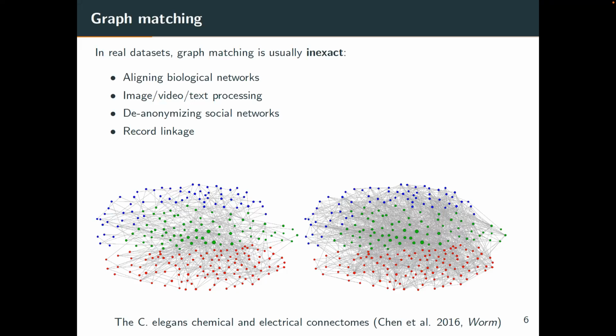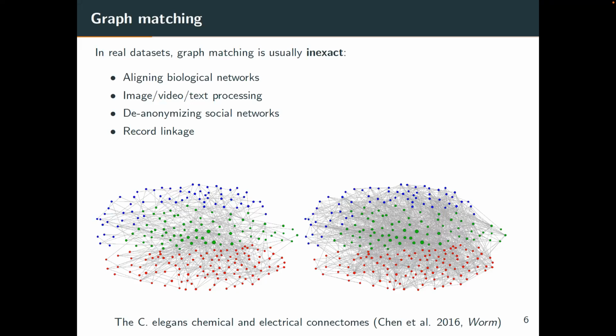You can see that some edges are still showing up in both networks, but in principle, they are not exactly the same. This may happen, for example, if we have two different animals. They are not going to have exactly the same network, but still the networks could be very similar or somewhat related.